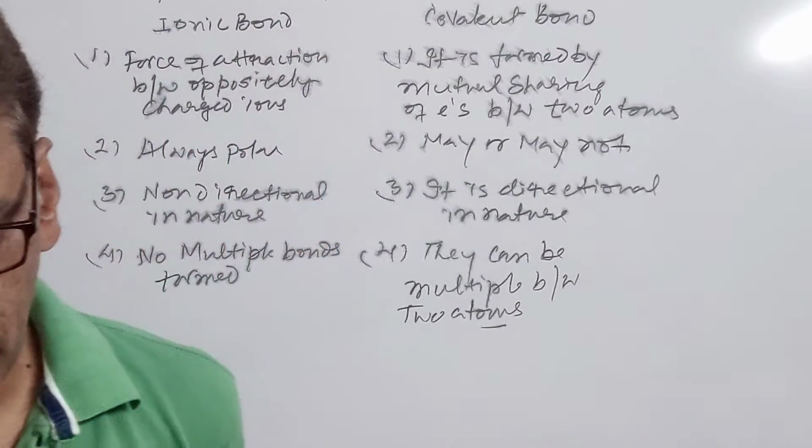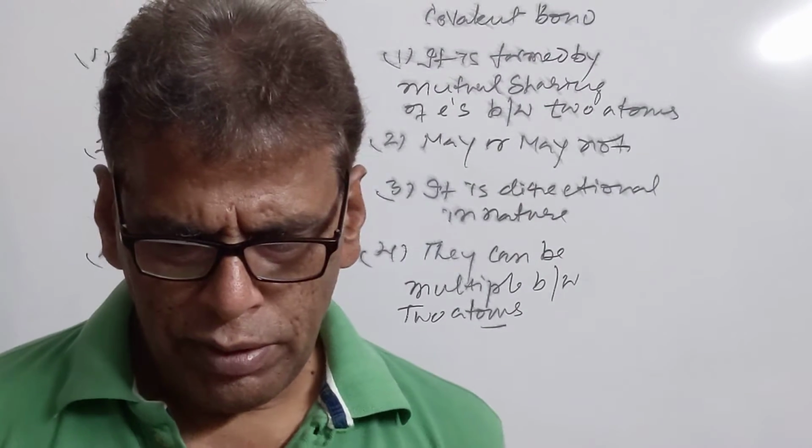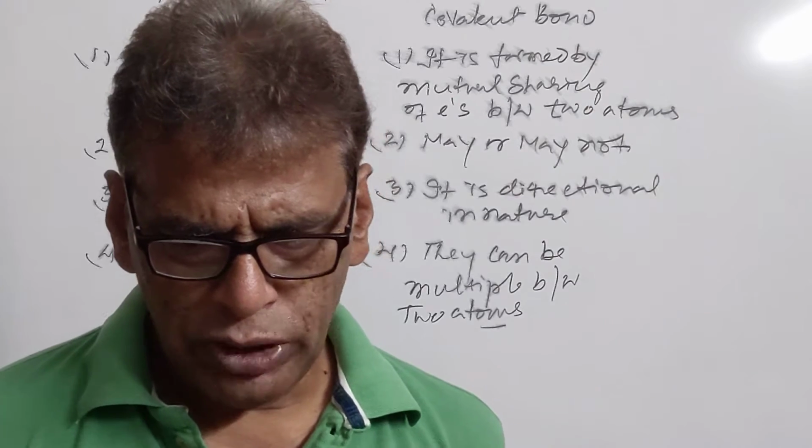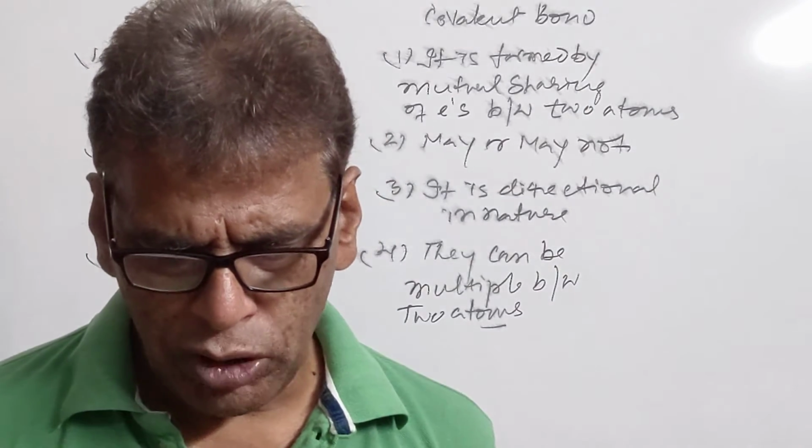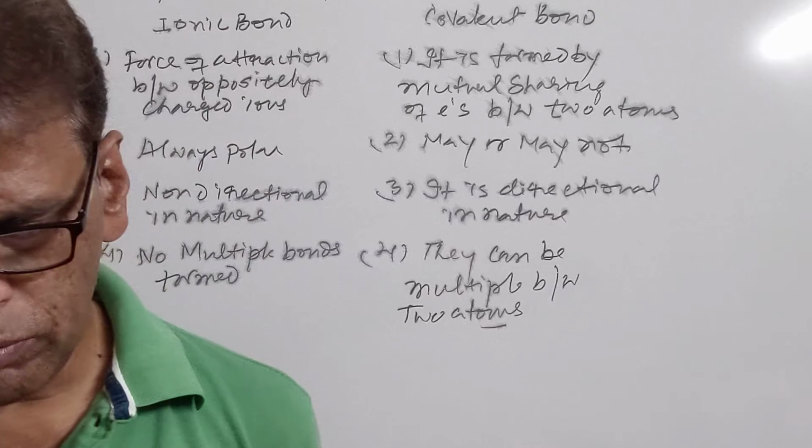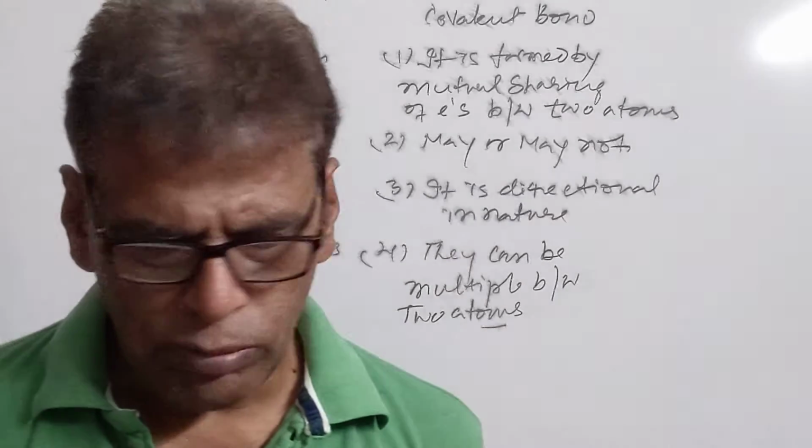The bond is non-directional in ionic bond, and this multiplicity is observed in case of the covalent bonds, but in case of ionic bond no multiplicity is observed.